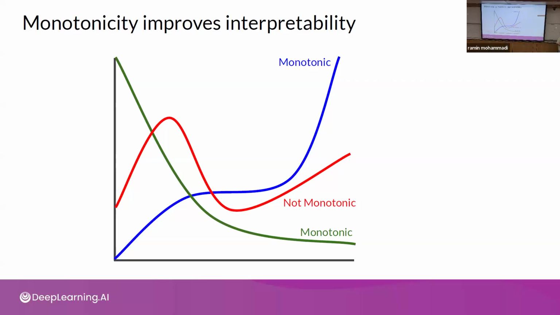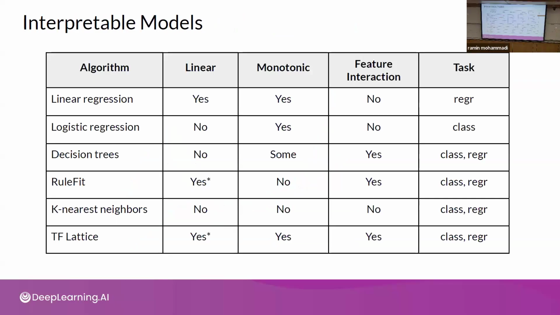If you think about it, regressions are monotonic, given the way the formula is. When you increase features, it always either goes up or it goes down. Now, this is a good table for that. Regression: linear, monotonic, there's no feature interaction. Logistic regression: non-linear, monotonic.